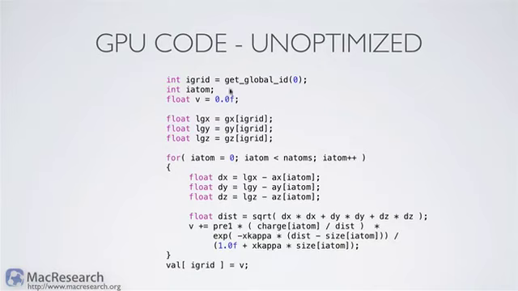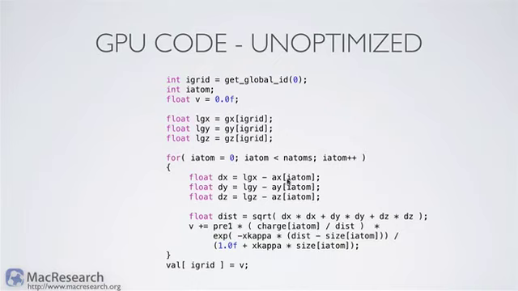So each work item invokes this kernel. Now, hopefully, what you can see is that there's an inefficiency here, and the inefficiency comes with the fact that every kernel that would be executed, let's say we have a grid size of 16, so a half warp size, every work item is going to be executing at atom 0 at the exact same time.